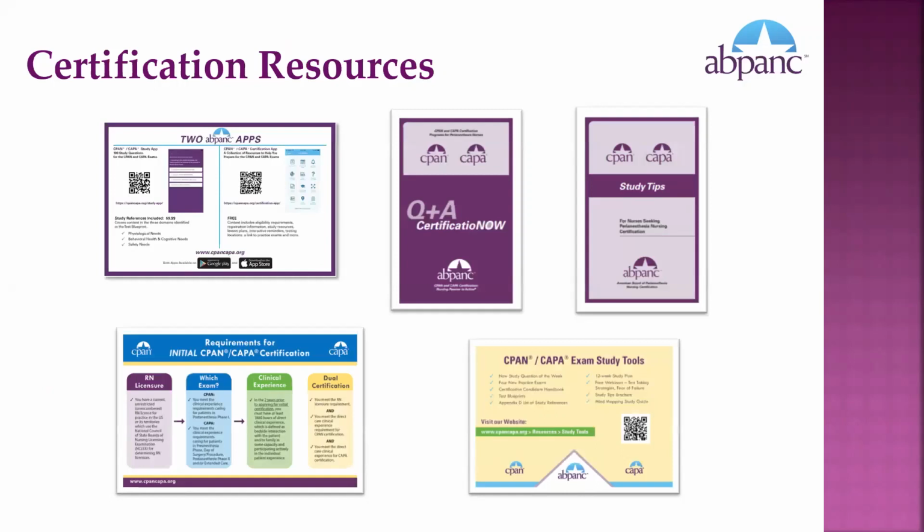It also helps candidates figure out which exam is right for them. And then the other one is the CPN CAPA exam study tools. This is a dual-sided postcard. My favorite thing to give out, because it does have a list of all of our study resources, and then on the back is some information about our practice exams, which are very, very valuable.